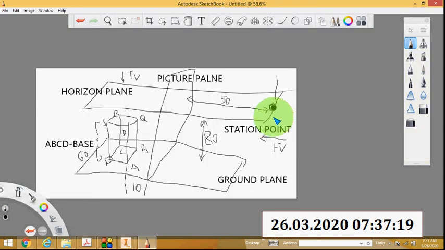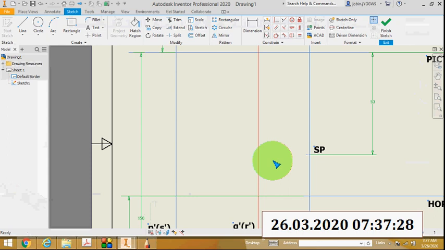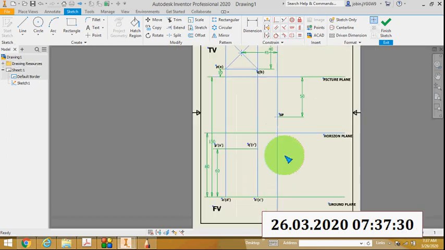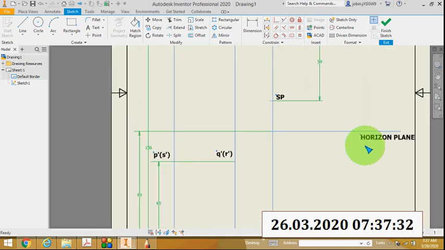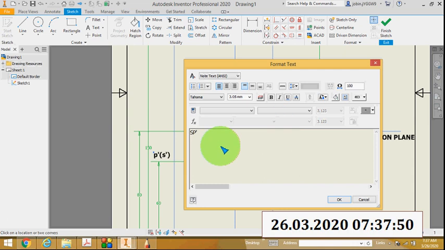Then where is the front view of the station point? It is 80 mm above the ground plane, on the horizon plane, and on the central plane. So I mark a point at the intersection of the central plane with the horizon plane, and mark here SP dash.